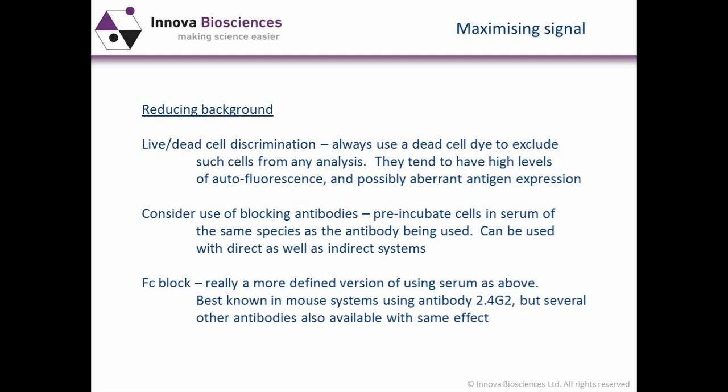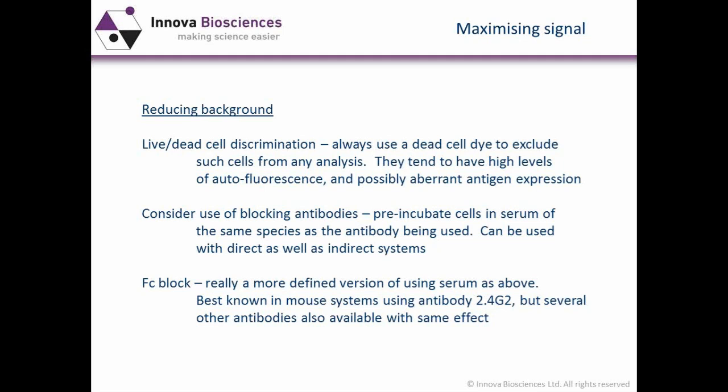The prototype antibody for Fc block is a clone called 2.4G2. It recognizes mouse CD16 and CD32, which are Fc receptors. And this antibody, when used in an unlabeled format, blocks Fc-mediated binding to the Fc receptors.